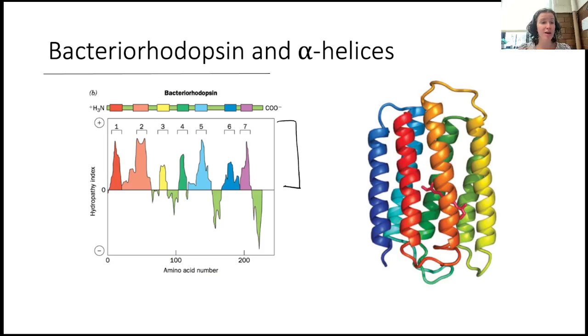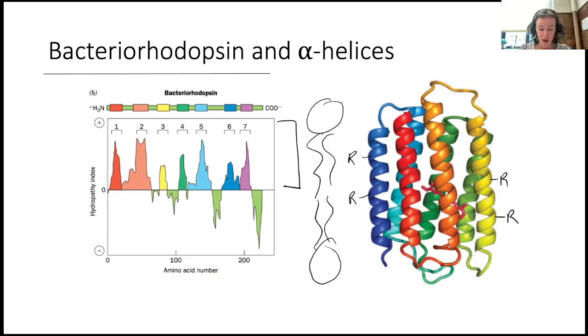You can literally count all 7 alpha helical sections. Each of these sections we assume must be nonpolar because remember, these R groups are sticking out of the protein and therefore would be interacting with any lipids in the lipid bilayer.